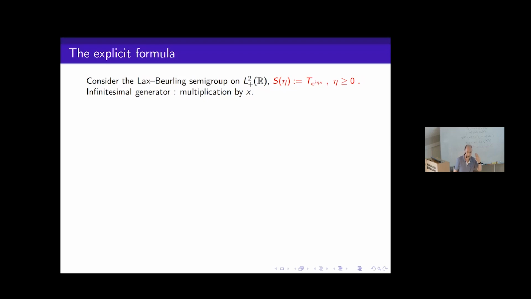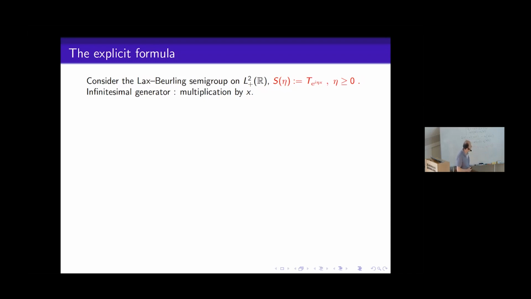So e^{i eta x} shifts the support of the Fourier transform by eta, which means that in order to stay in the half line of non-negative xi, eta has to be non-negative. Otherwise, you go out, you go on the other side, okay? So this is why it's not a group, but a semigroup.